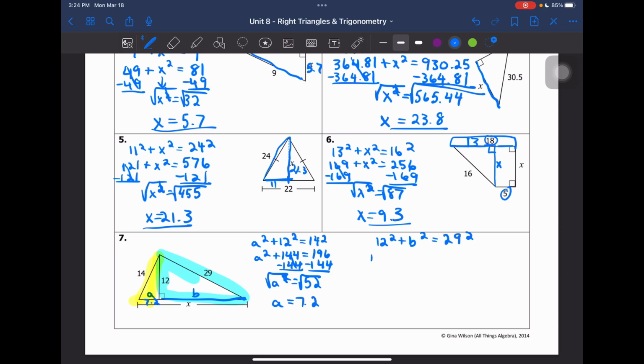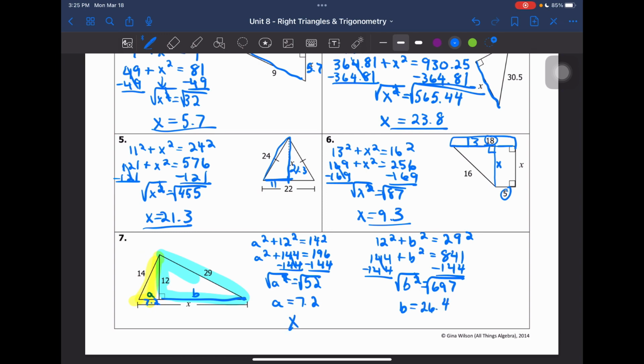So 12 squared is 144. Let's leave that B squared how it is. 29 squared is 841. And now let's do some algebra to find out what B is. This is going to simplify to 697. And then once I square root that, B is about 26.4.